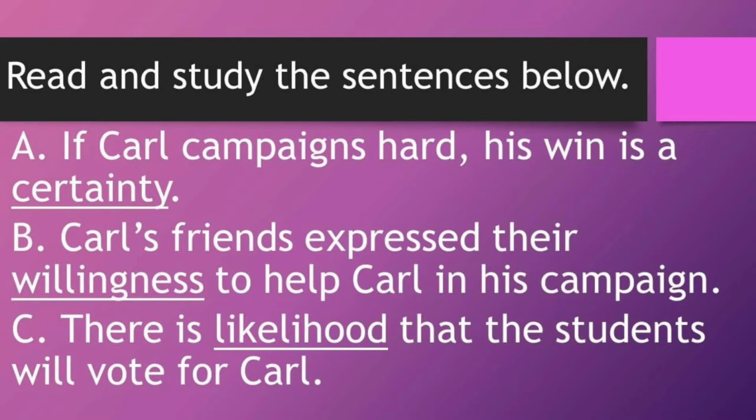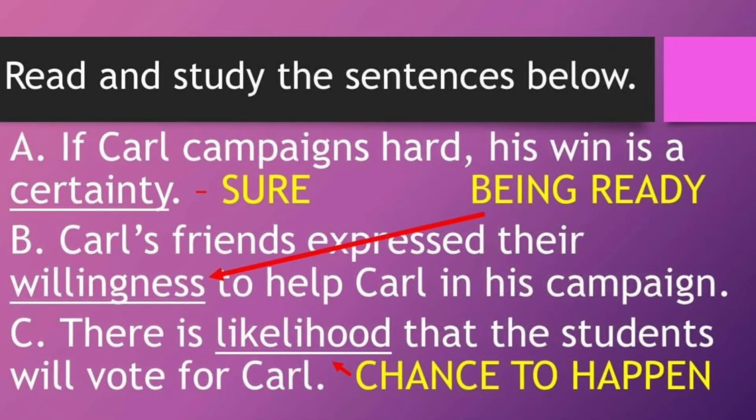What do the underlined words in each sentence mean? Do they have the same meaning? If not, what makes them different? How are they used in the sentences? The three underlined words may mean the same because they are all qualities or states. However, each is unique.